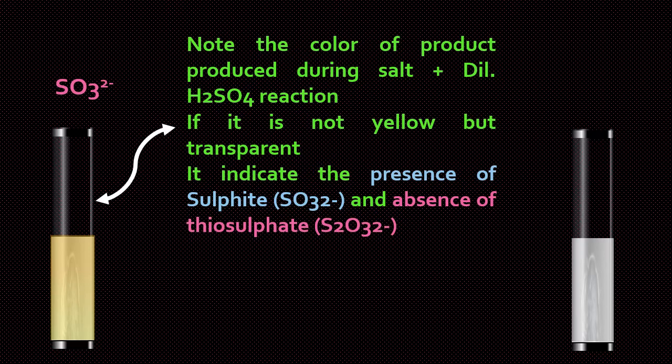Then how can we determine the thiosulfate group? Let's do another experiment. Note the color of the salt plus dilute H2SO4. So here is the color. This color is yellowish, not transparent. So we can say that this is the thiosulfate group, or thiosulfate acidic radical.